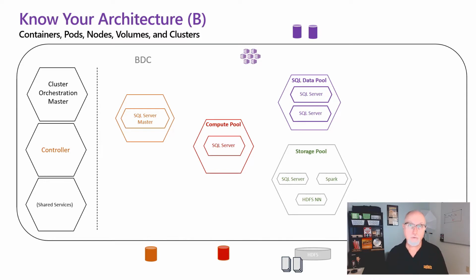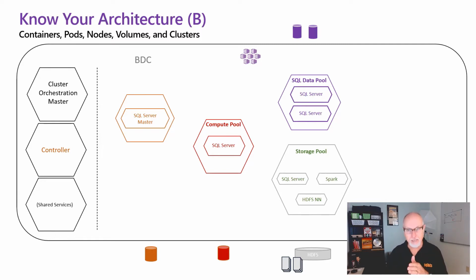You can also work with those files with the Spark subsystem, and that's the other big piece that you'll see inside the storage pool. Some people get a little confused about data pool and storage pool. Easiest way to remember it is data pool is database, storage pool is storage, which is just regular files. So that's the way that works. These will have an endpoint as well.